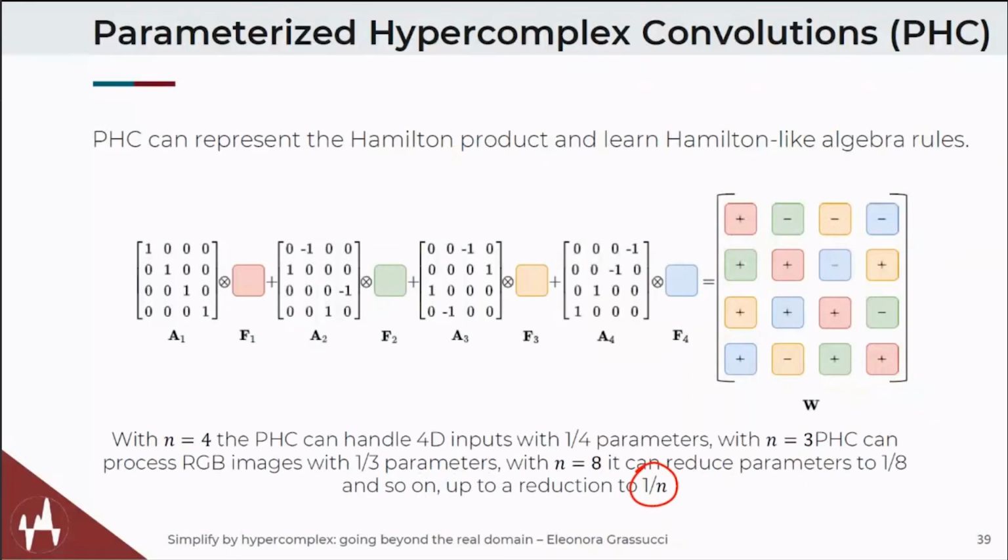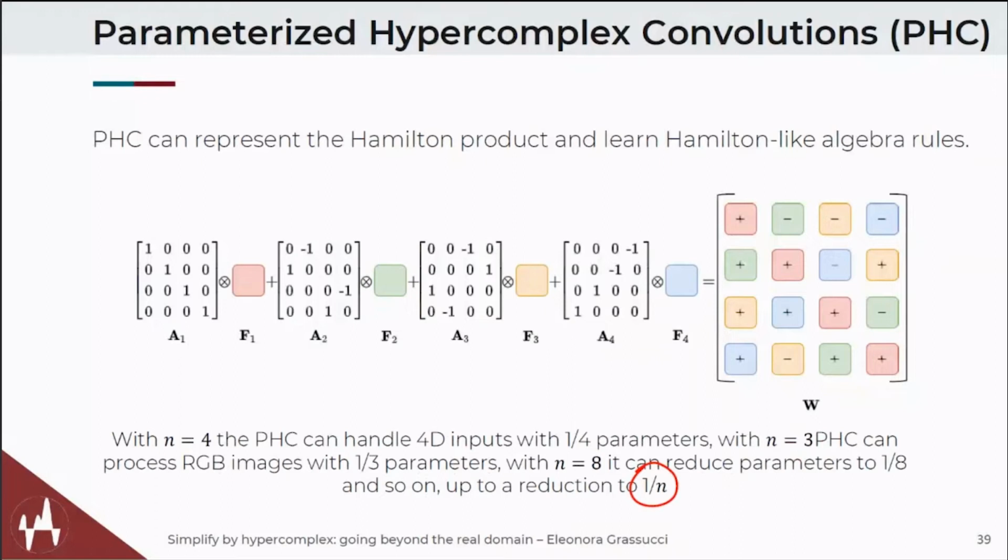Most interestingly, since n is a hyperparameter, we can set n to a desired value. The reduction of parameters in this approach is 1 over n. So if we set n equal to 4, we have a reduction to 1 over 4 of the parameters, like Quaternions. But if we set n equal to 8, we have a reduction of parameters to 1 over 8.